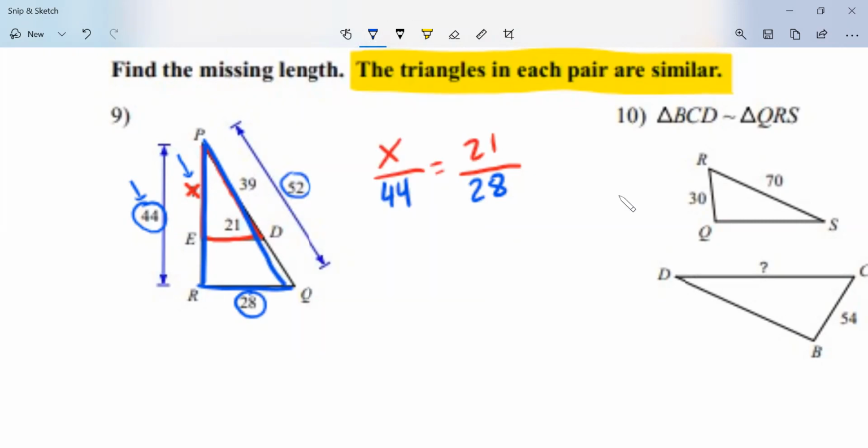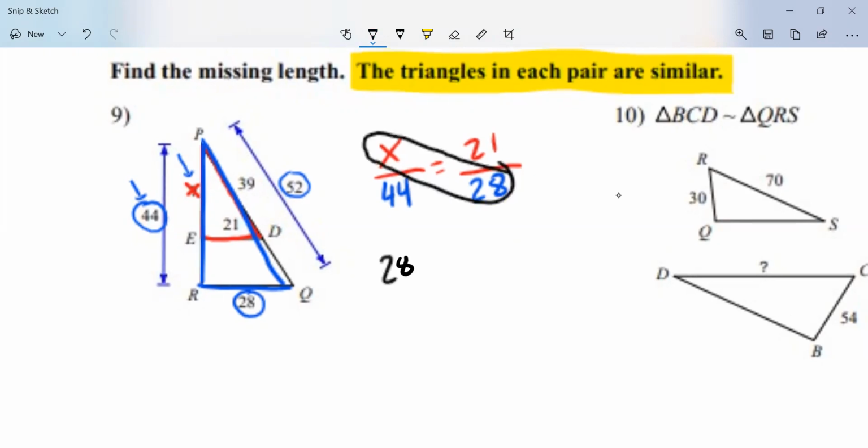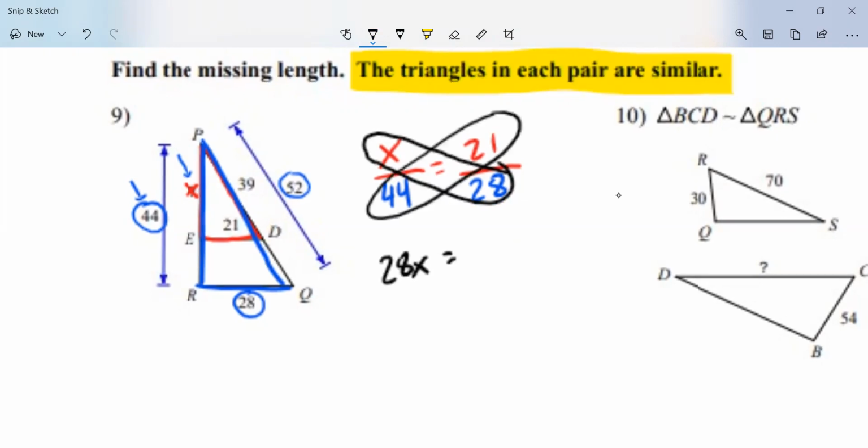So what I'm going to do, I'm going to go X times 28. That is 28x. When we're multiplying a number with a letter, we just put them together. So 28x means 28 times x. And this is going to equal, on this other side, 44 times 21. Use a calculator if you need to. That gives me 924.